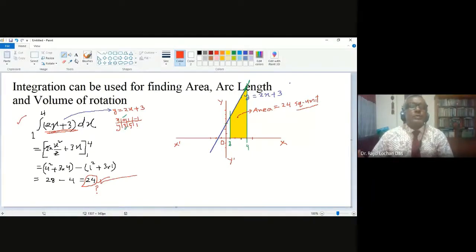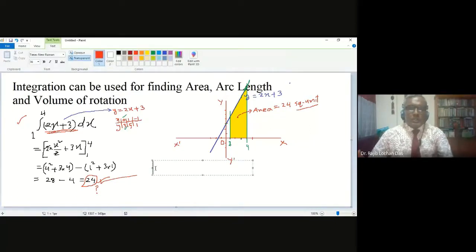So let me write it down here. The meaning of area. Which area?